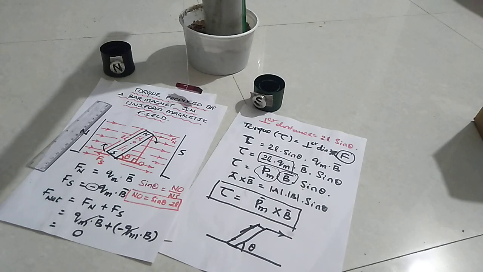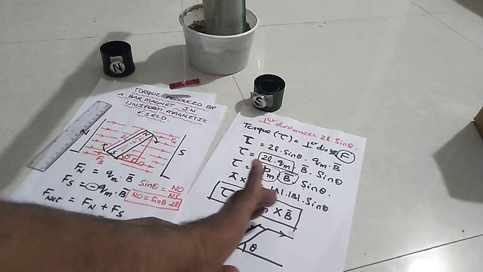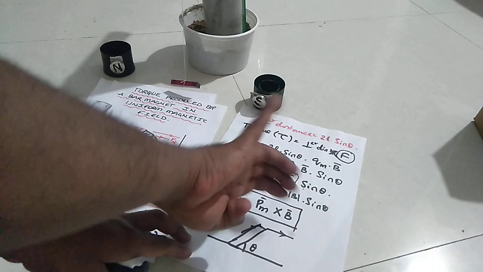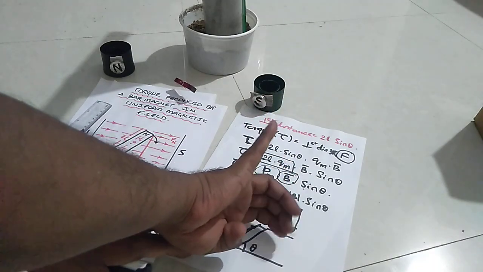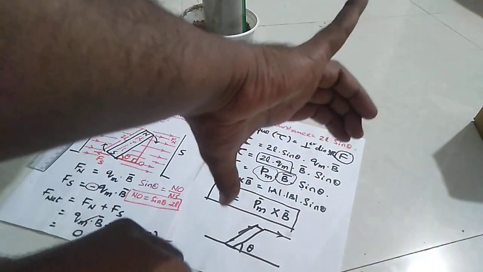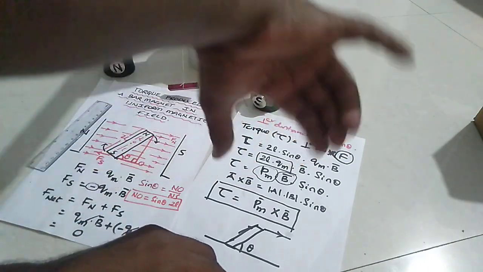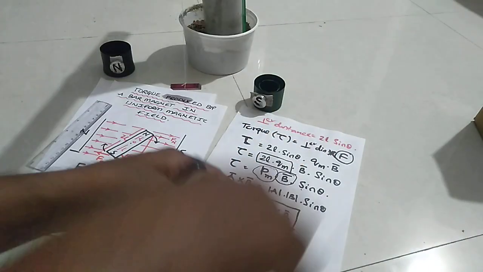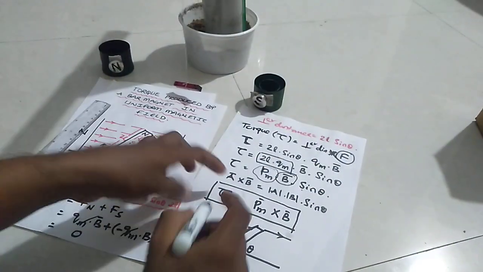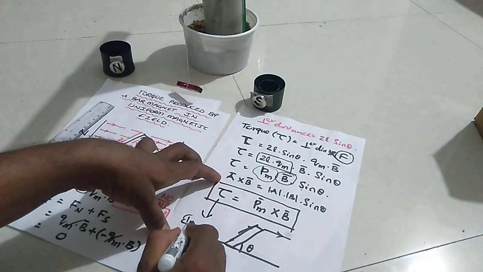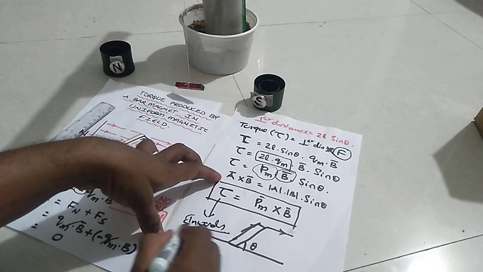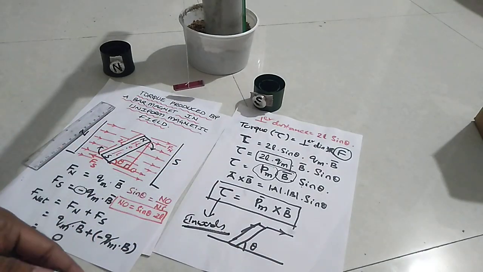Can you guess what direction it is going to rotate? See, from this to this, it is rotating. This is the cross product. Where my thumb is indicating, my thumb is downwards. So it is rotating in this direction, the cross product. That means the torque is acting inwards. Hope you are understanding.